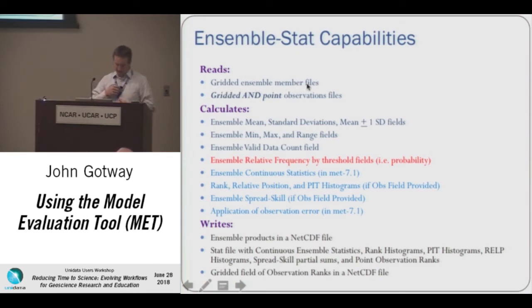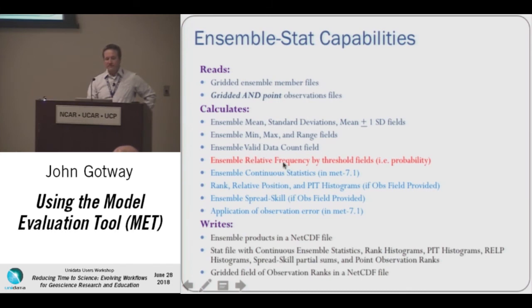If you have a 10-member ensemble, you pass in, for a particular point in time, the files that contain the data for each of the 10 members. You pass in gridded and point observation files. PointStat handles point observations and GridStat handles grid observations; Ensemble-Stat handles both of them. It calculates some things like the ensemble mean Tressa mentioned, or deriving probabilities from an ensemble.